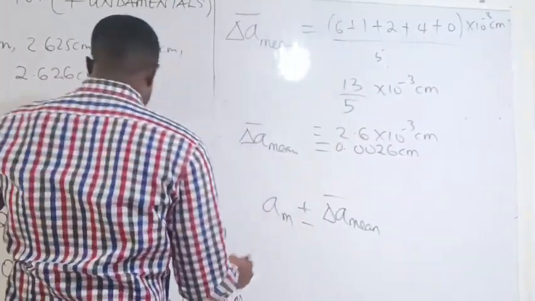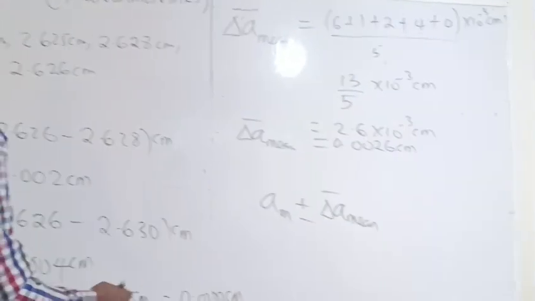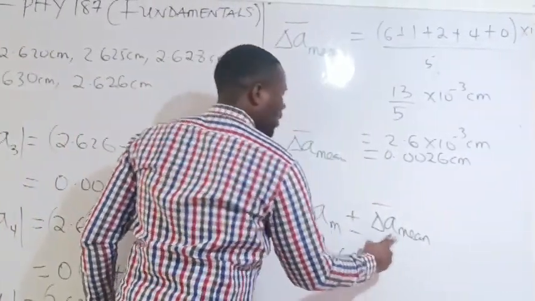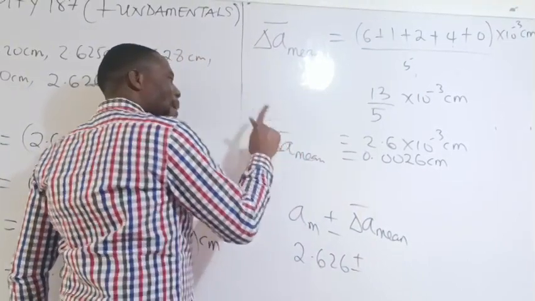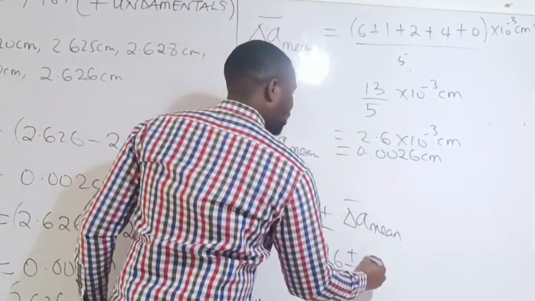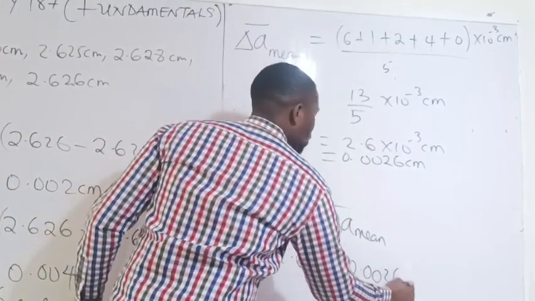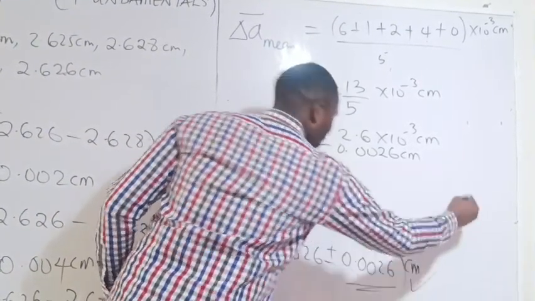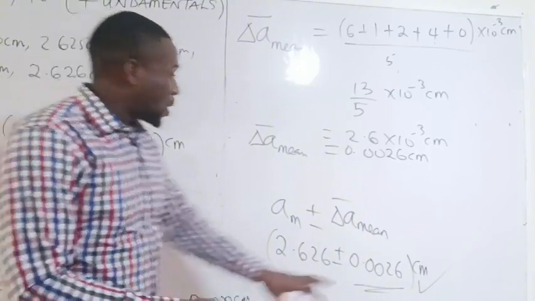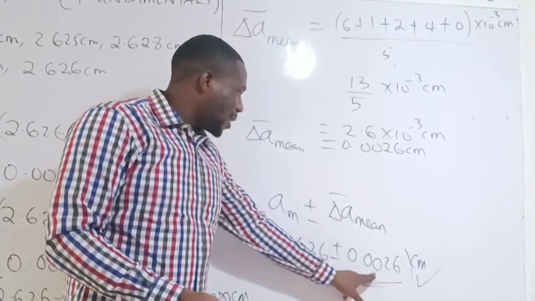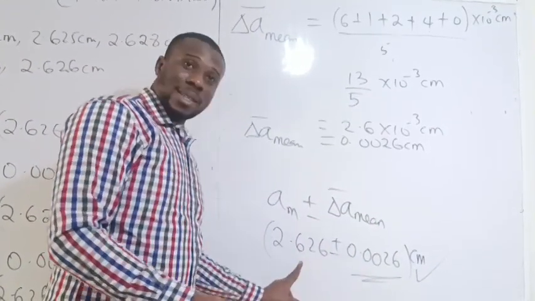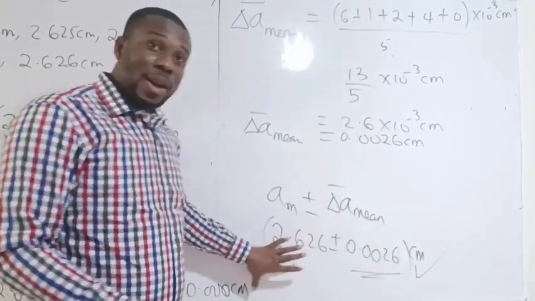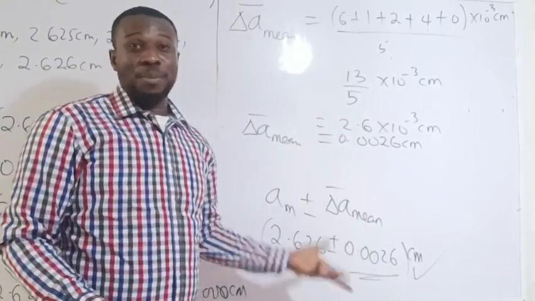The mean value we figured out to be 2.626 plus or minus the mean absolute error, that's 0.0026, all in centimeter. This is how I could record my answer. You could also take the relative error, you divide this term by this, and to get the percentage error, whatever you have for relative error, you multiply that by 100%.